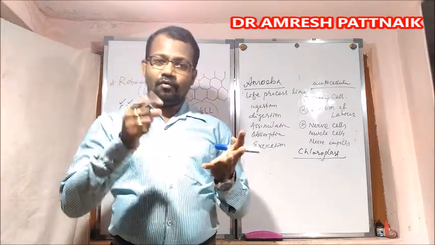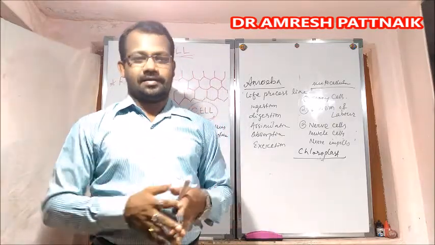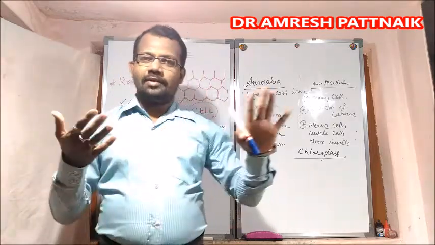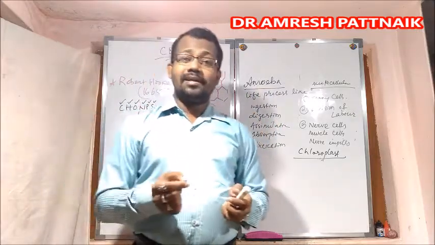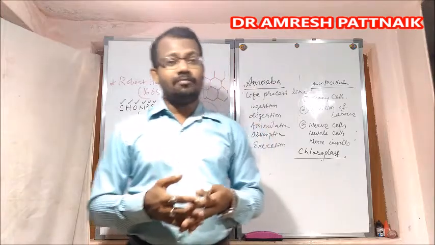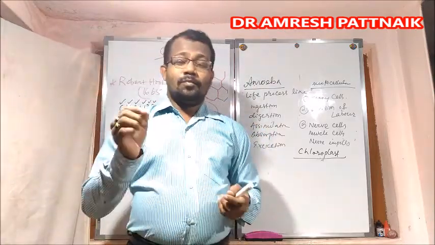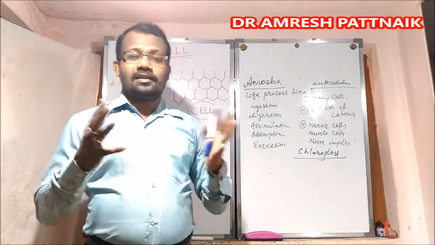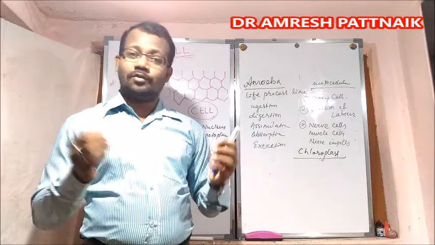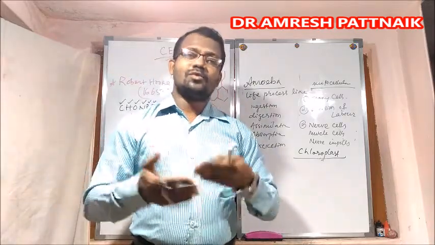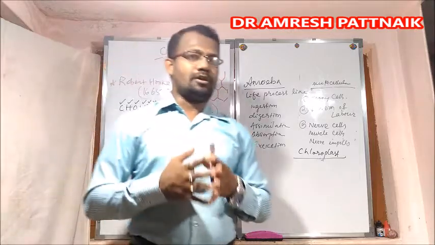In the presence of water, carbon dioxide, chlorophyll and sunlight, by using these 4 elements, the green plants prepare their food. Mostly carbohydrate type of food is prepared by the green plant, the green leaves. This process is known as photosynthesis, and the product is carbohydrate, the glucose. It produces its own food. That's why green plants are also known as autotrophs.